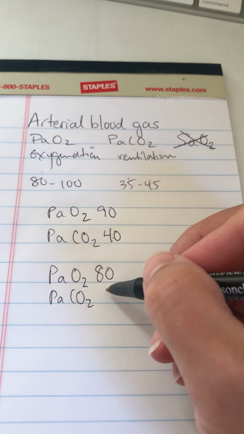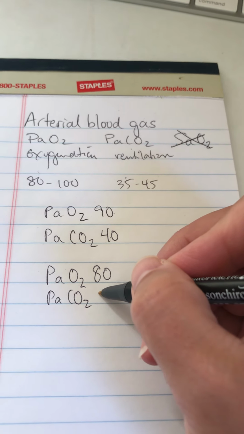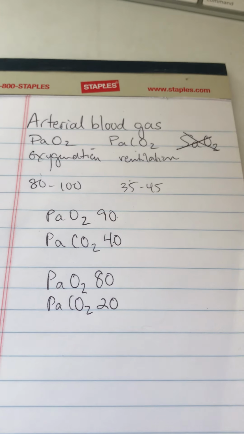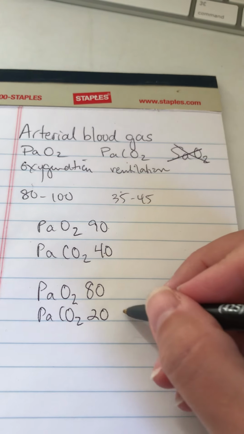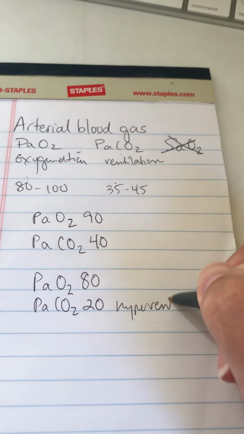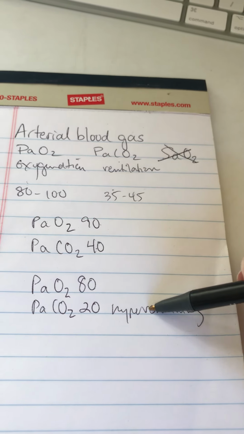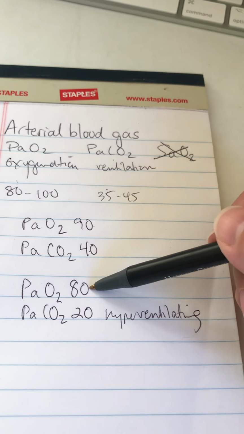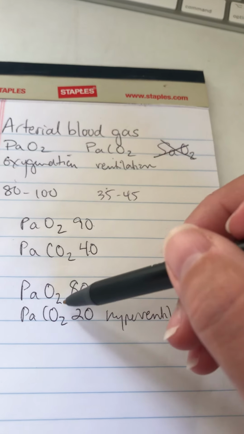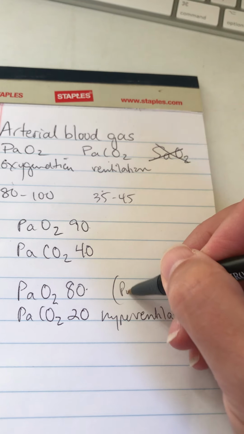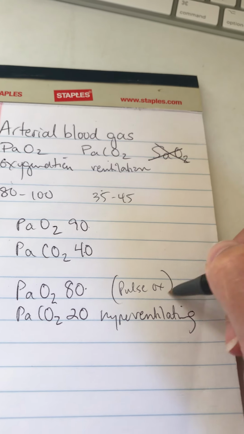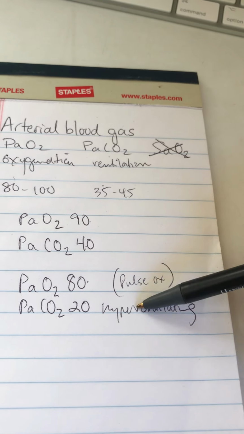A low PaCO2, let's say it's 20, means you are hyperventilating. Intuitively, you know hyperventilating is going to artificially raise the oxygen number, but that's the problem with only getting a pulse ox: you can't tell if this pet is hyperventilating or not.